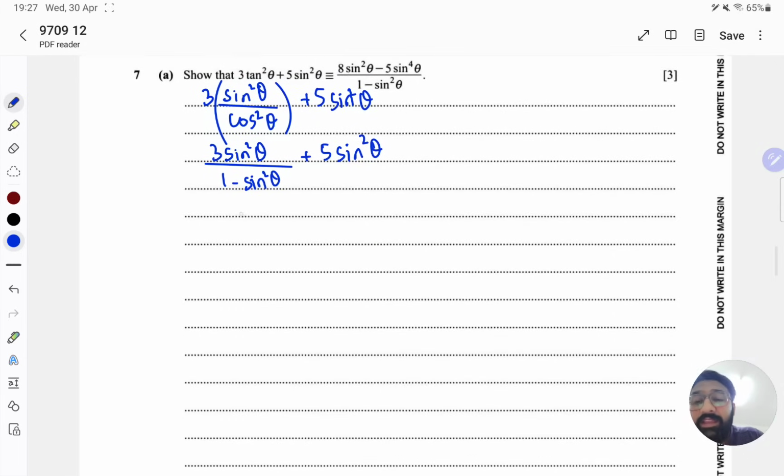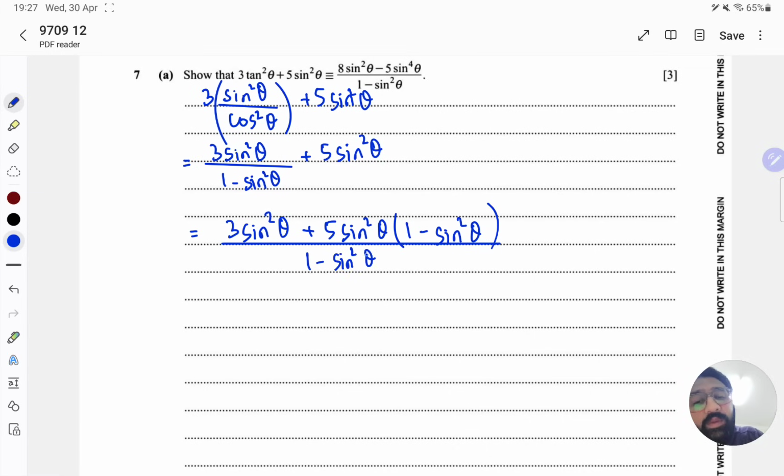So I have to take the LCM so that I can make the denominator the same. So if I take the LCM, it will be 3 sin square theta plus 5 sin square theta bracket 1 minus sin square theta, and the denominator will be 1 minus sin square theta. Let's do the expansion and simplification.